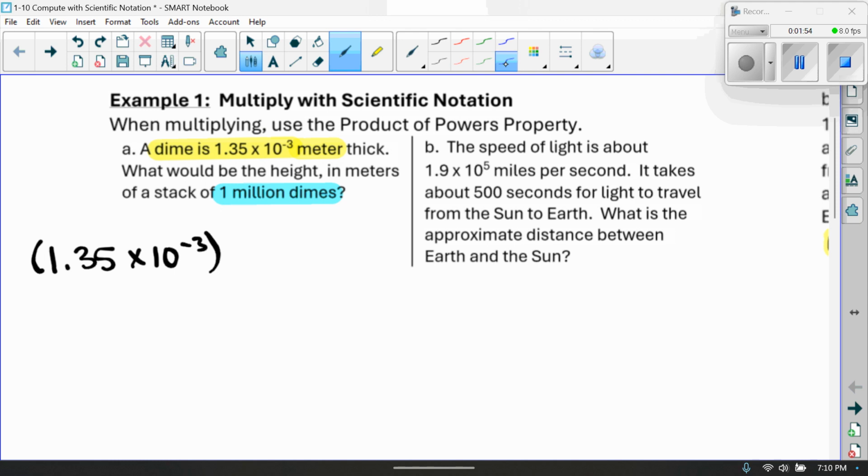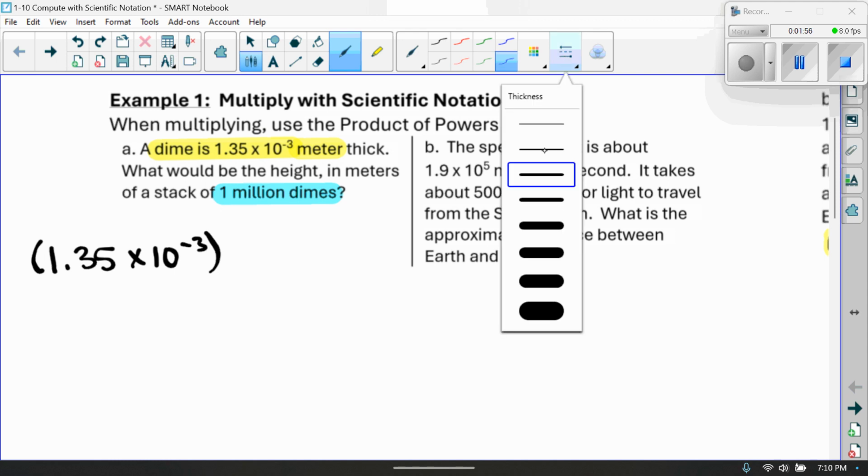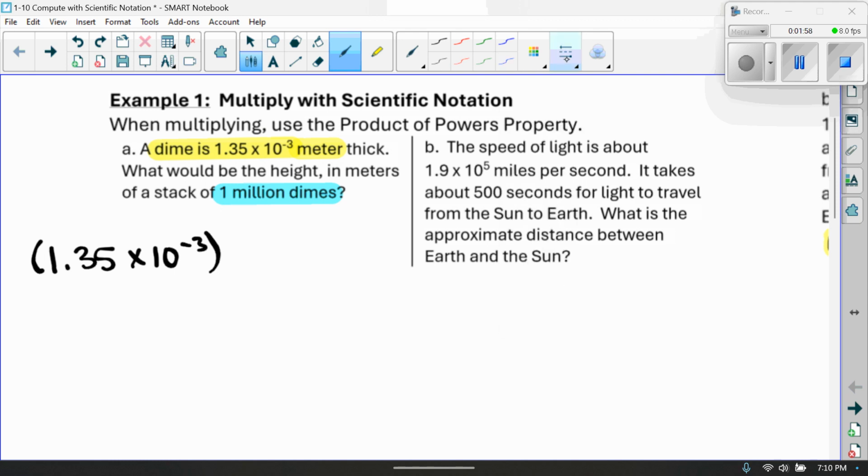Now, if we're stacking 1 million dimes, let me write 1 million out here. What is that written in scientific notation? If we're moving the decimal, it's going to be 1 times 10 to the 6th power.